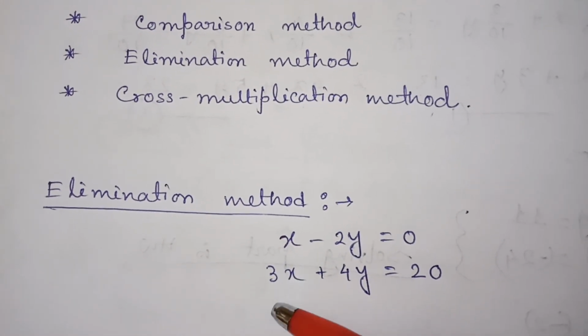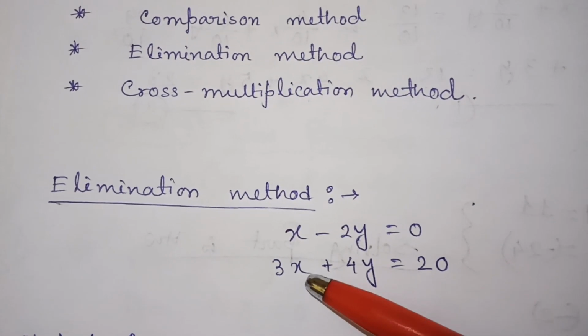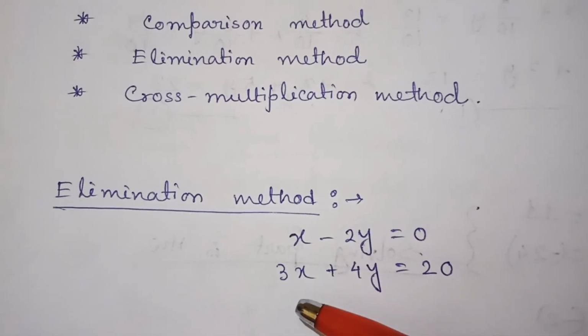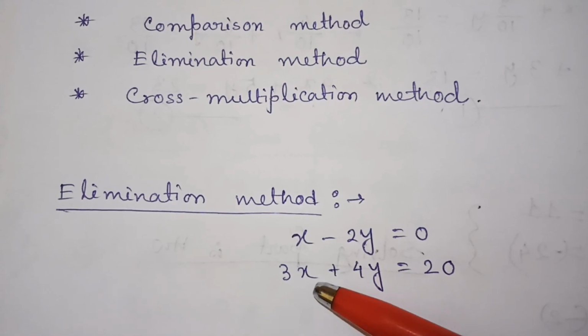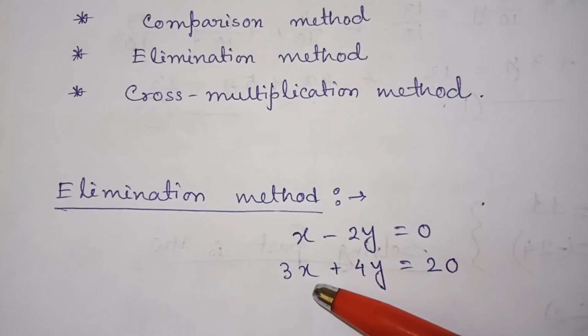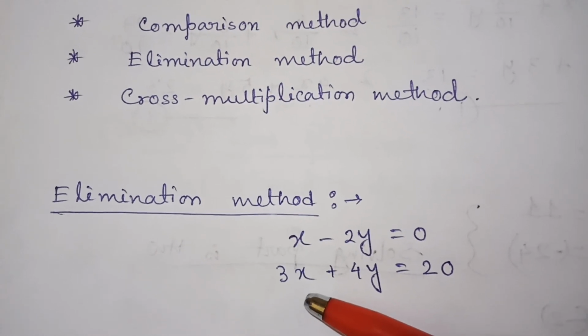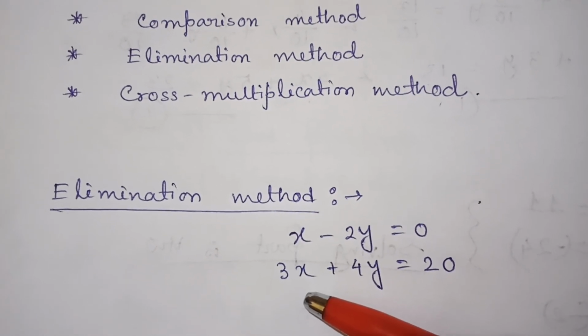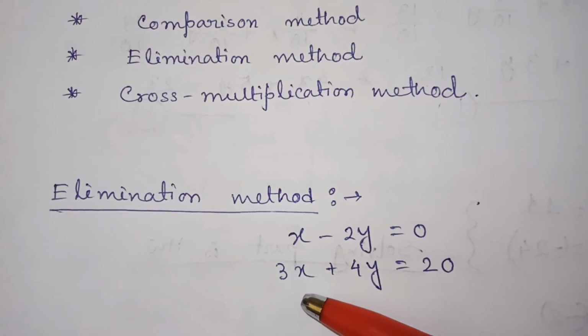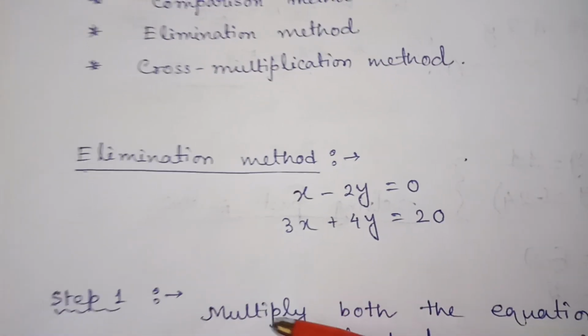I have just written the steps statement and I will be doing the calculations depending on it, and that will be very helpful to you to understand it. So let's start the elimination method.